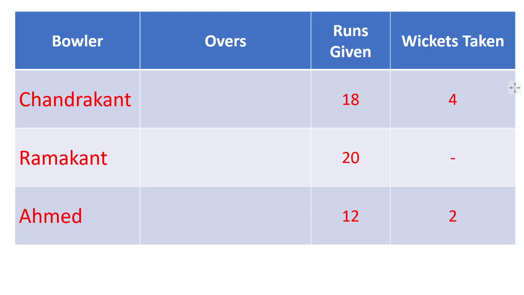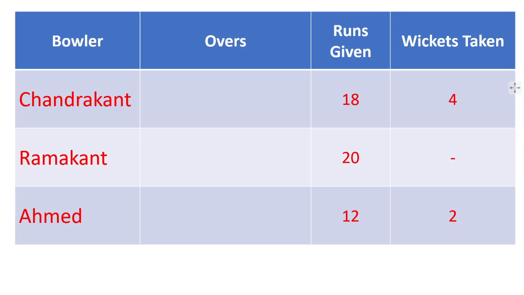How many overs did Chandrakant bowl? Here we are going to use some pictures to represent the number of overs. You may wonder why put pictures when we can put the number itself. Very true. It is very simple, but pictures have better appeal, and in certain situations in future the numbers will be quite big and cumbersome.